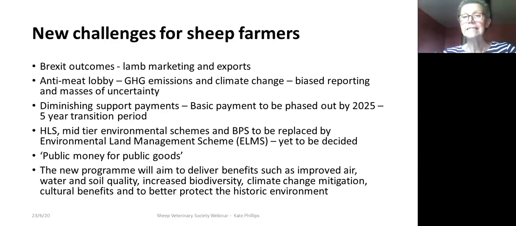That is under debate at the moment. There are farmers piloting the scheme and the detail of that will come out in the future. But the main thrust of that will be public money for public goods, and the things that are going to be included are improved air, water and soil quality, improved biodiversity, climate change mitigation, cultural benefits, and protecting the historic environment, which a lot of sheep farmers already do, I hasten to add.